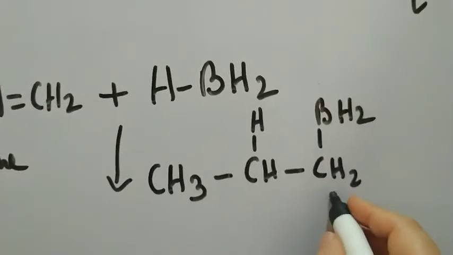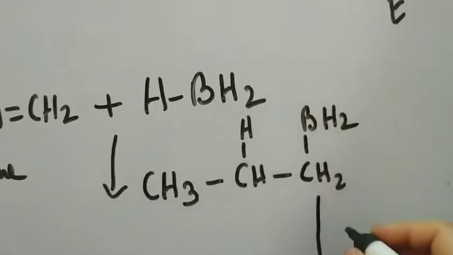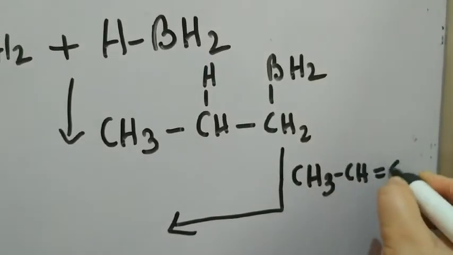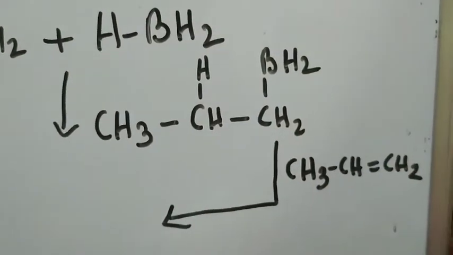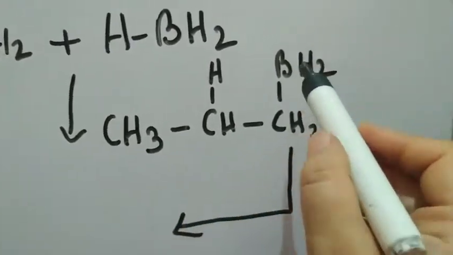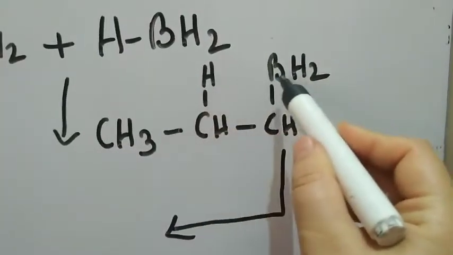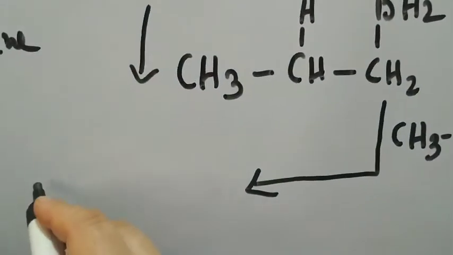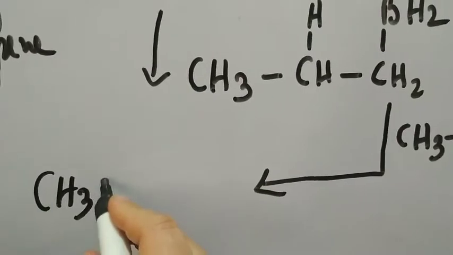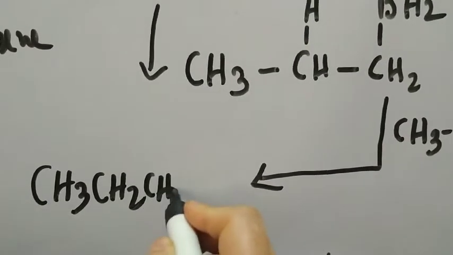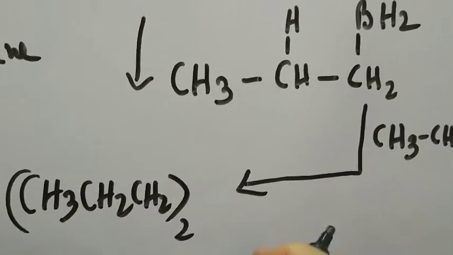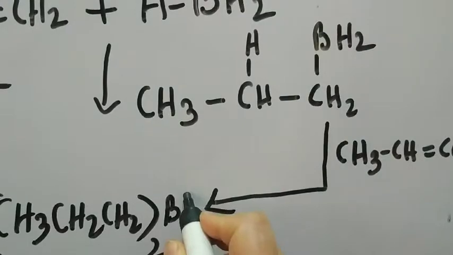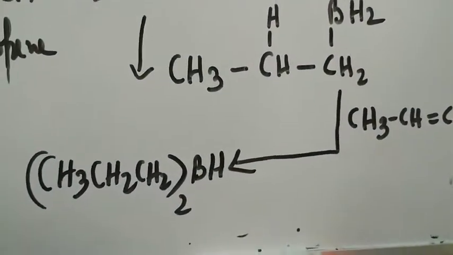It does not stop here. To this molecule we are adding another CH3 CH double bond CH2, another molecule of propene, so that this B, which has lost one hydrogen atom, will lose another hydrogen atom. And when it loses another hydrogen atom, what we get is CH3 CH2 CH2 twice now, and boron is left with one hydrogen atom only.